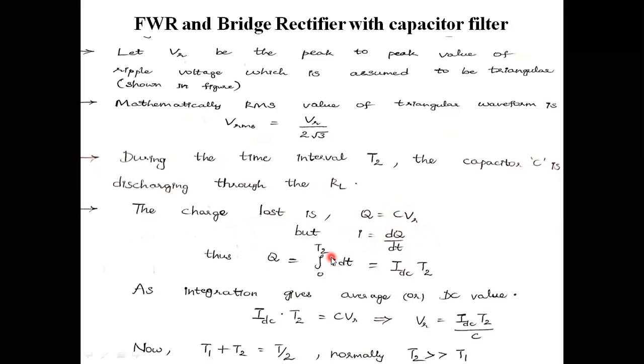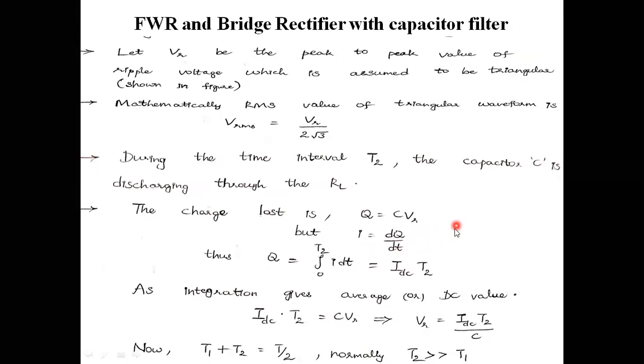But we know that I is equal to dq by dt. Current flows with respect to the change of charge and with respect to time t. This is the basic equation.